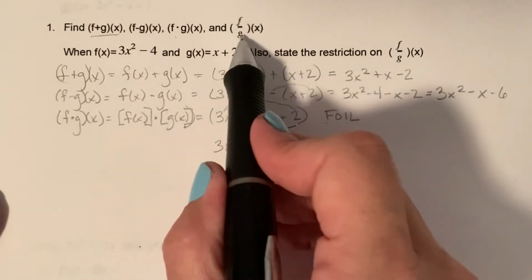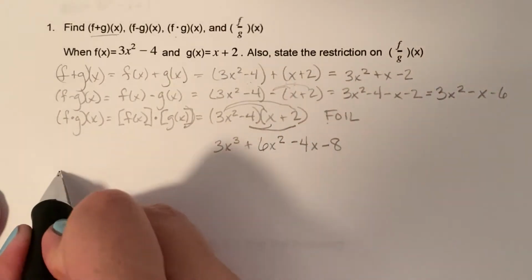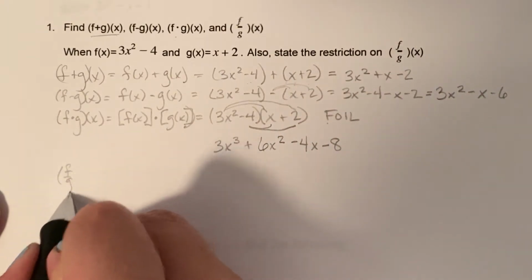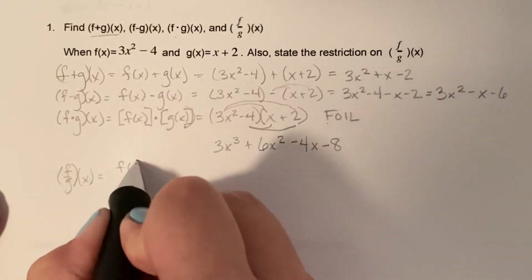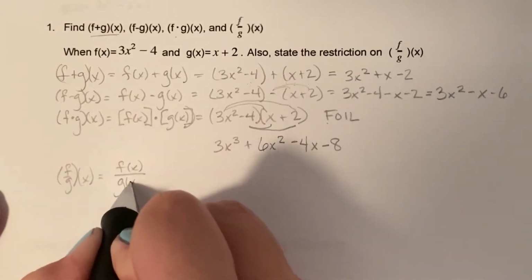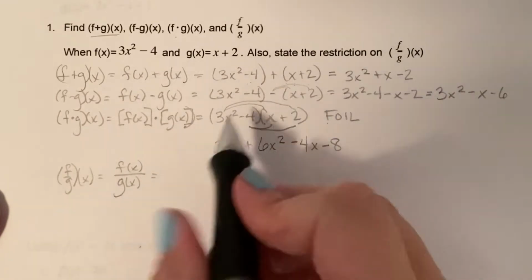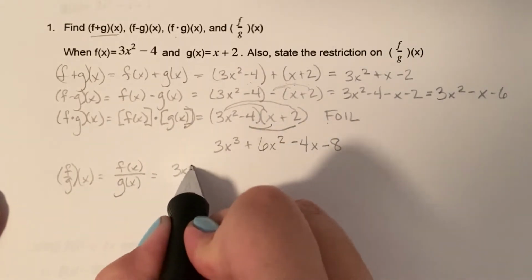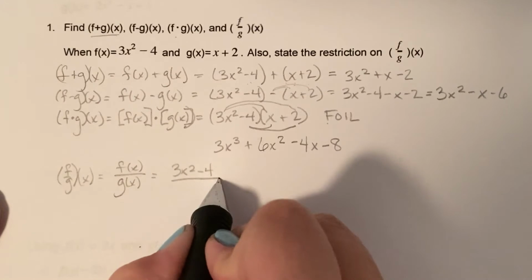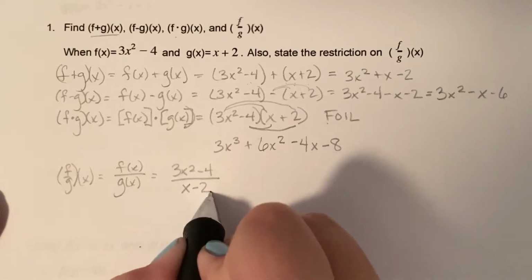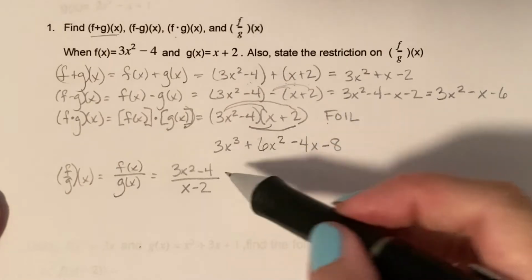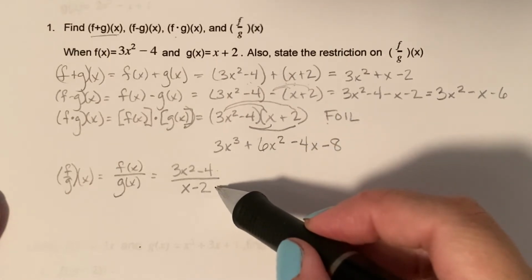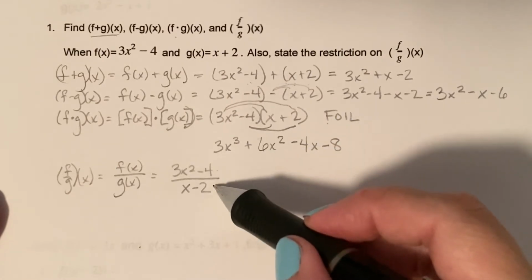Okay, the last one is going to be f of x divided by g of x. So we have 3x squared minus 4 over x minus 2. Now, at this point it is very important to check if you can factor out the numerator or the denominator and see if anything will cancel.